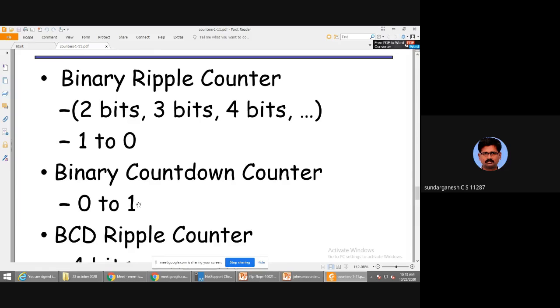So the ripple counter may be a 2-bit ripple counter, 3-bit, 4-bit, or so on. Every bit may be either 1 or 0. A countdown counter means it starts with the maximum value and slowly reduces by 1 until it finally reaches 0.